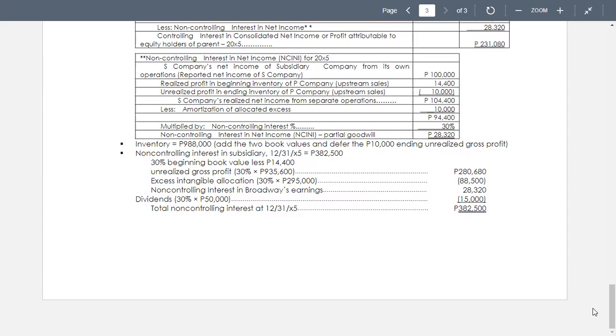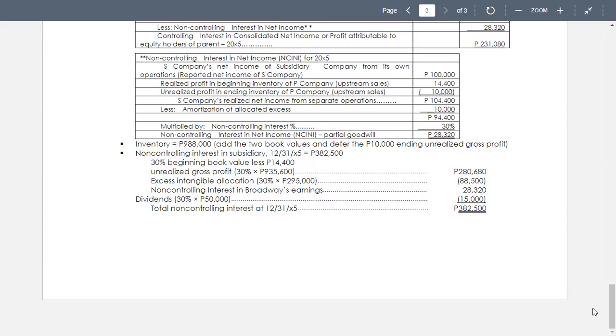Then we have the amortization of allocated excess in the amount of 13,000 in connection with the customer list. So the difference is 29,000. We multiply 29,000 by 30%. That's the non-controlling interest. So the non-controlling interest in net income is 8,700 using the partial goodwill approach.